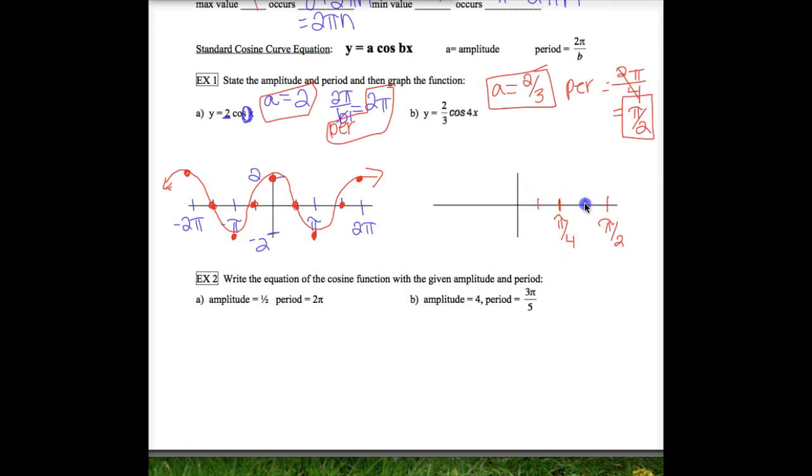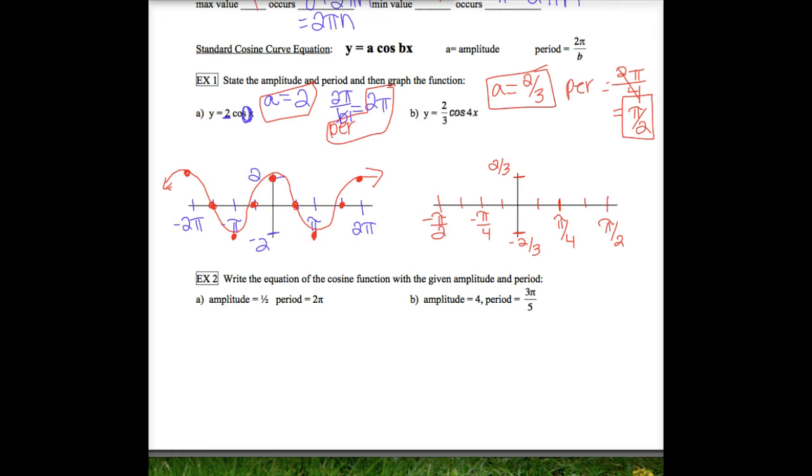And then we put our other 2 that we don't need to label. On the left side, lowest x value is negative pi over 2, so also label negative pi over 4, and your ones in between. So again, amplitude was 2/3, so the high value is 2/3, the low value is negative 2/3.